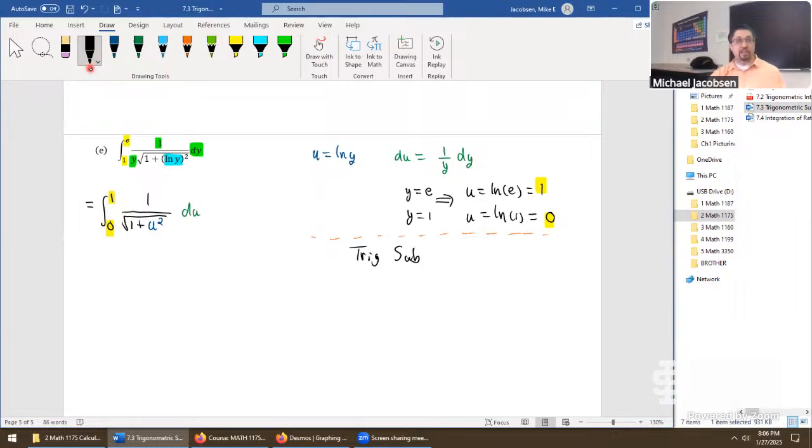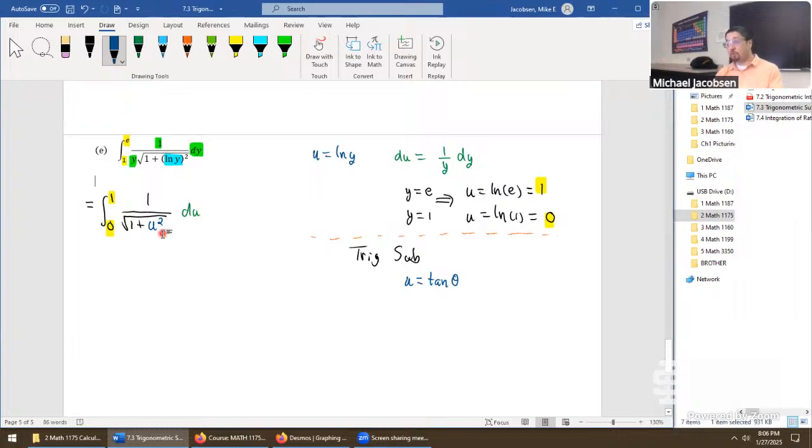One way to memorize the trig substitutions is anytime there's just a plus, that's an automatic tangent. If it goes 1 minus x squared, that's the sine. X squared minus 1 is the cosecant. But this one is the tangent for the plus. So we'll write u equals tangent theta. U, because that's the variable in the integrand so far.